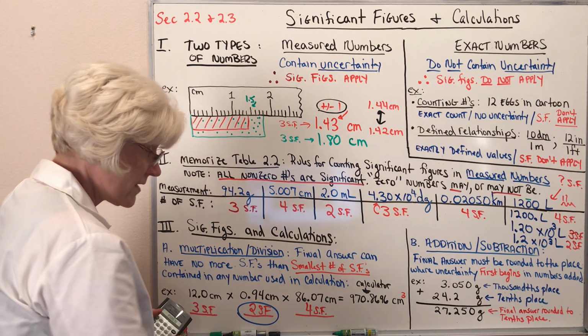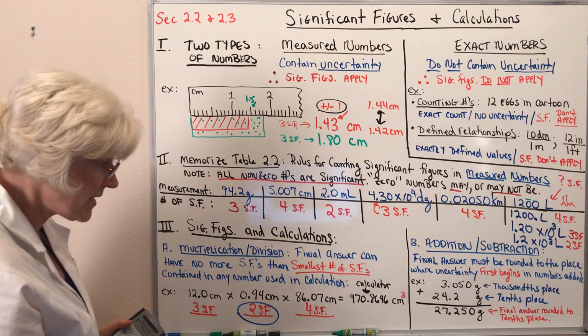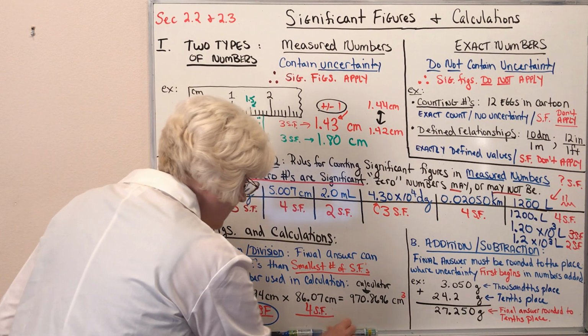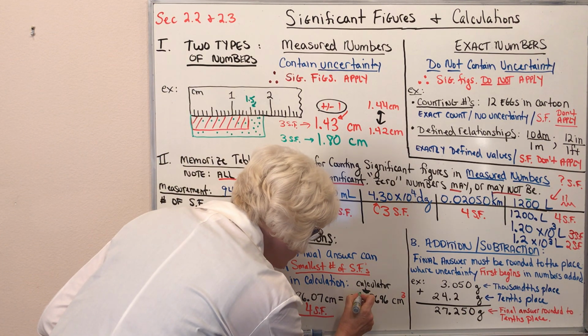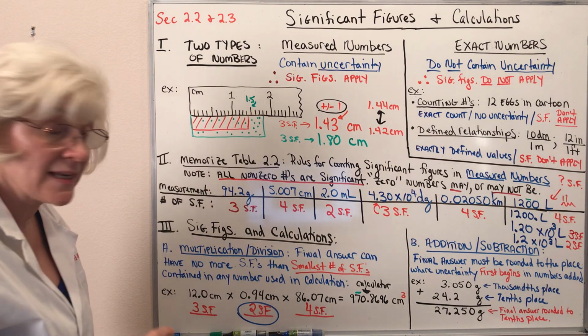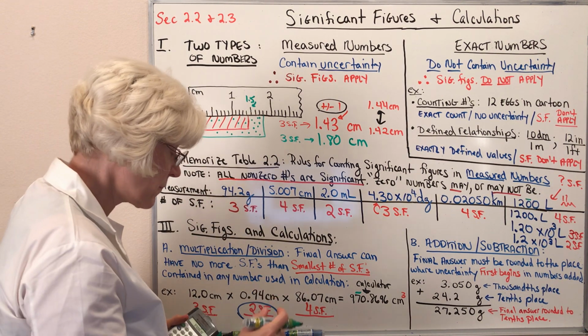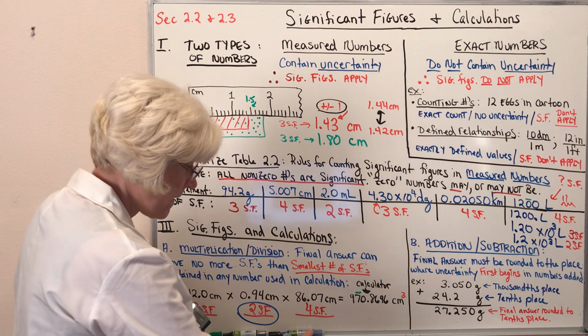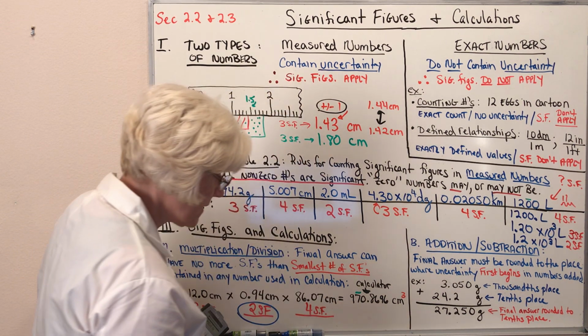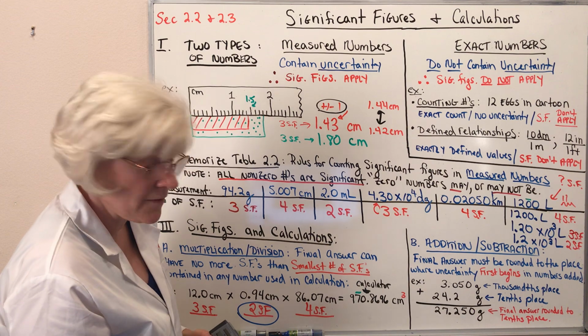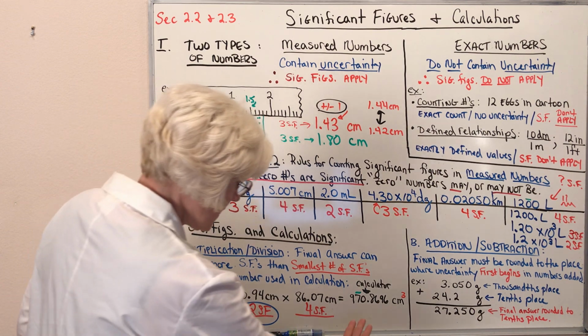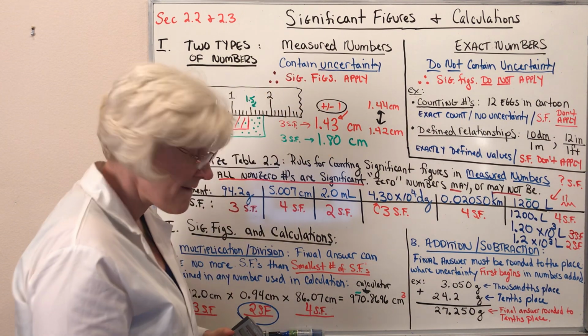That means our answer can have no more than 2 sig figs, which means the uncertainty of this measurement is in the tens place. So how are we going to express this properly? We have no choice but to put it into scientific notation. We certainly can't write 97.